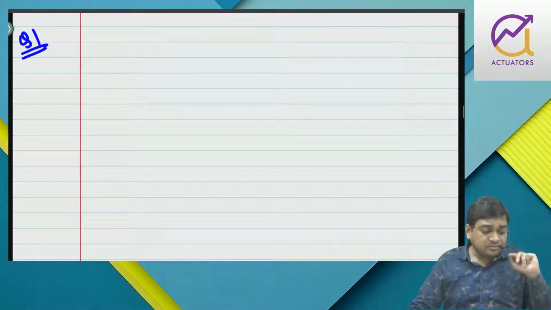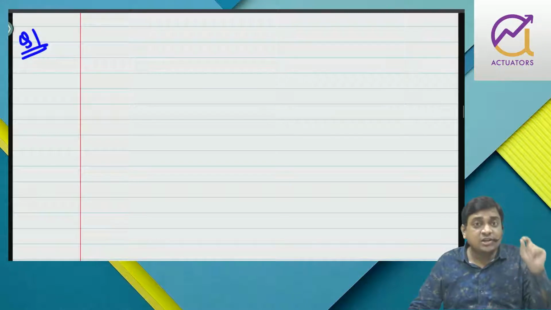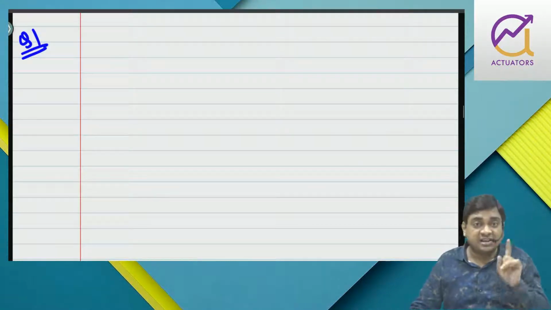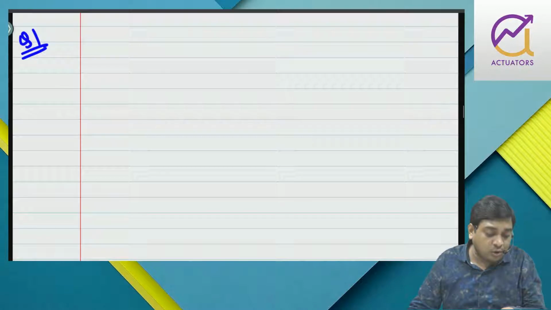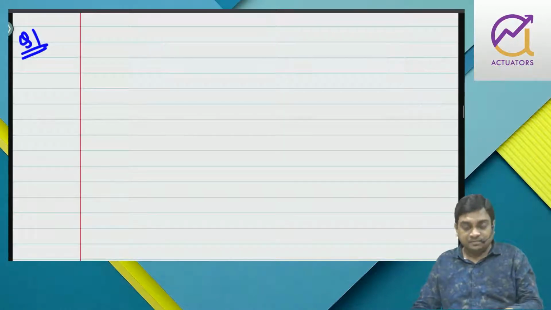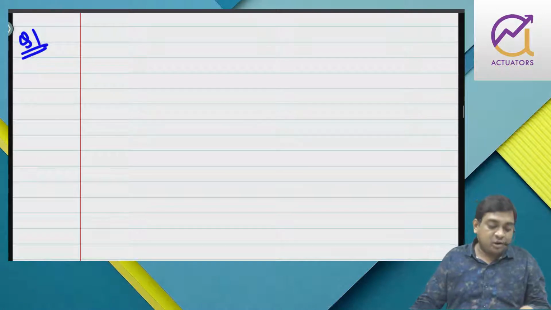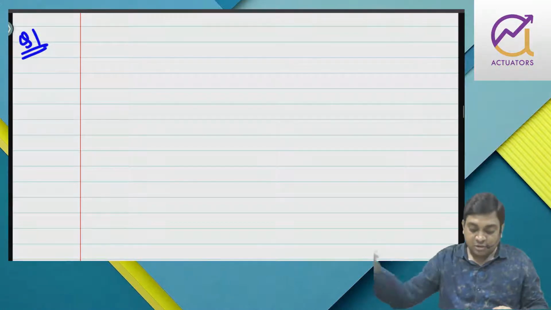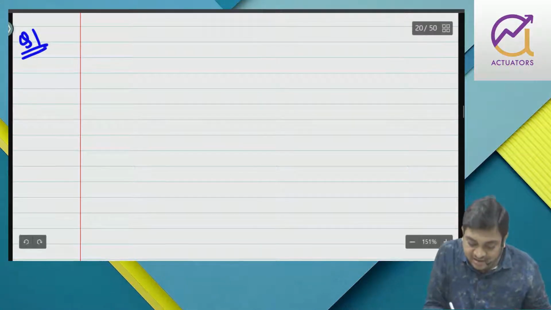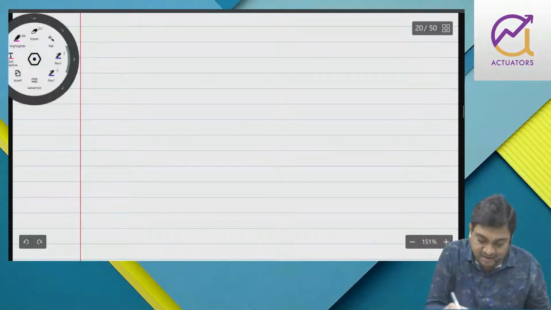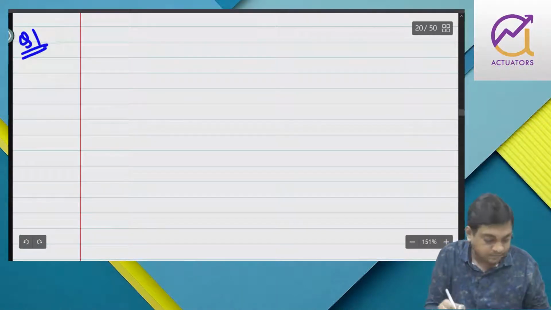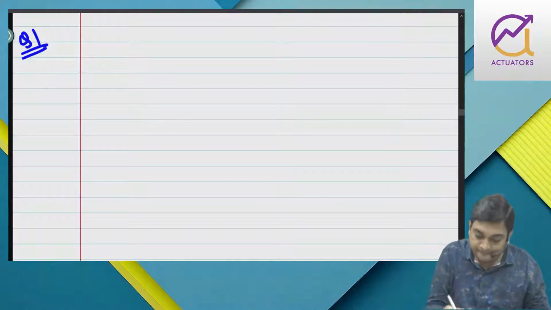And subsequent recognition is done using the balance sheet date exchange rate, and they have actually used the closing date exchange rate, right? Discuss whether the treatment is justified and also pass necessary journal entries. So first of all, let me show the journal entries, and then I will give you a statement that this thing is wrong, right?